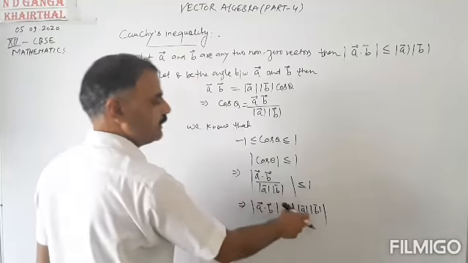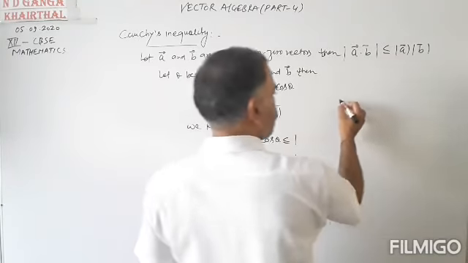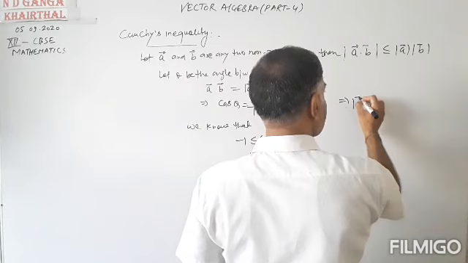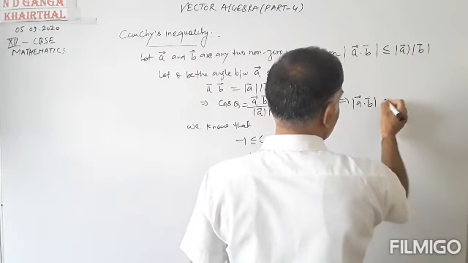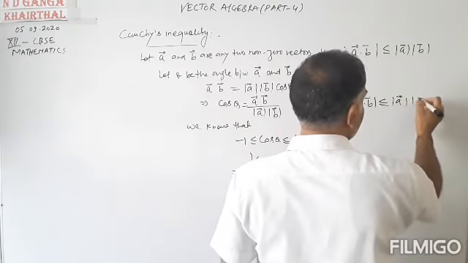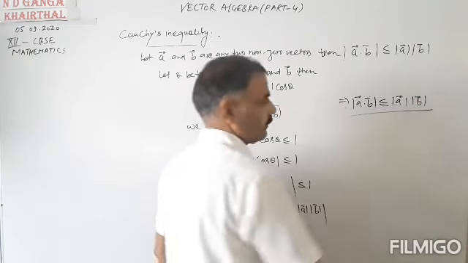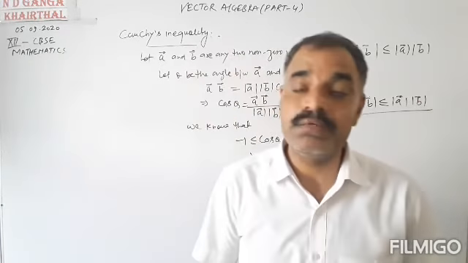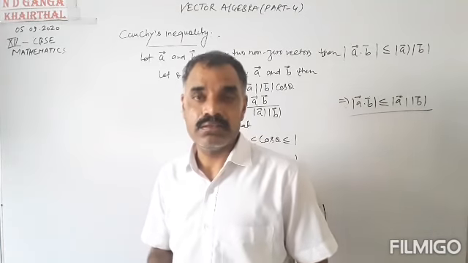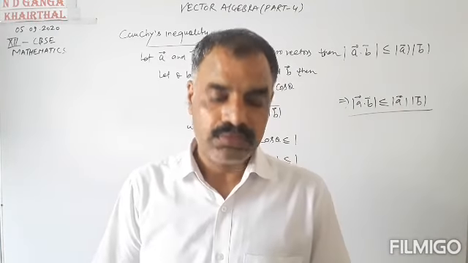This quantity is already positive, so remove the sign of magnitude. So the magnitude of A vector dot B vector is less than or equal to magnitude A vector times magnitude B vector. This is the Cauchy's inequality that we have proved.